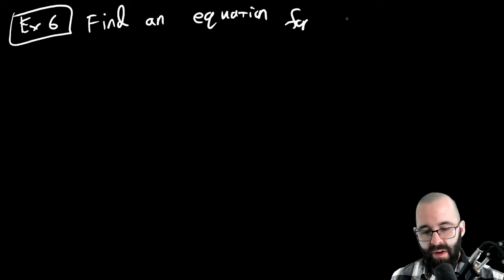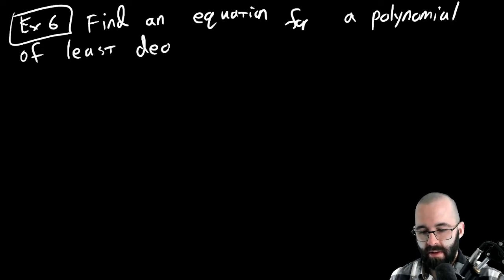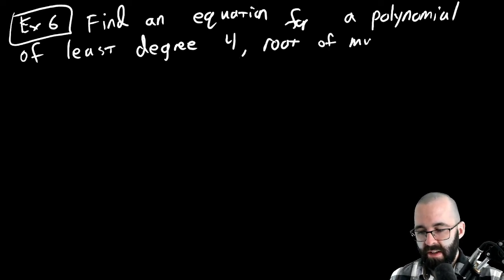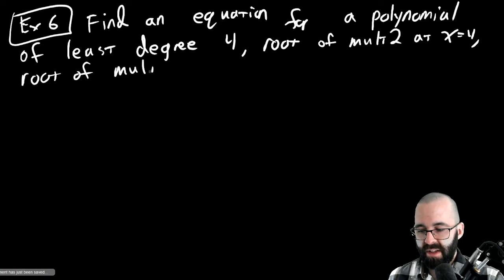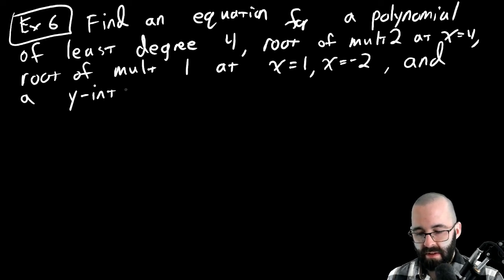Find an equation for a polynomial of least degree four that has a root of multiplicity 2 at x equals positive 4, a root of multiplicity 1 at x equals 1, and at x equals, sorry, negative 2, and a y-intercept of 0, negative 3.